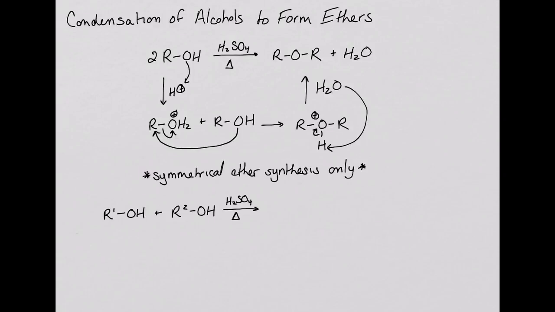Two molecules of R1 could come together to form this ether, or two molecules of R2 could come together, or one molecule of R1 and one of R2 could come together. Therefore, the condensation of alcohols to form ethers is only a useful synthetic reaction when the alcohols are the same and the ether formed is symmetrical.